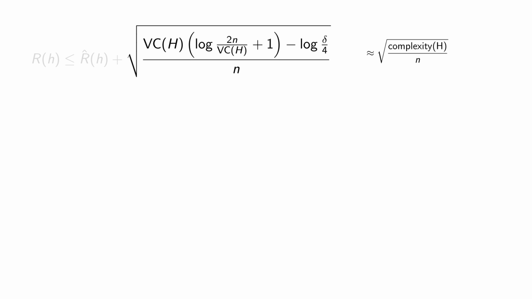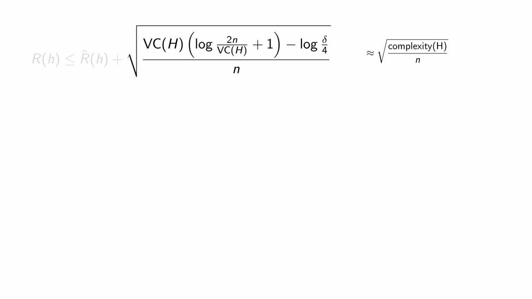Then we end up with a term that looks like the square root of some complexity of the hypothesis class over n. And that complexity is measured in this case by VC times log of VC, but again, we can drop the log term, so it's basically just the VC dimension of the hypothesis class.